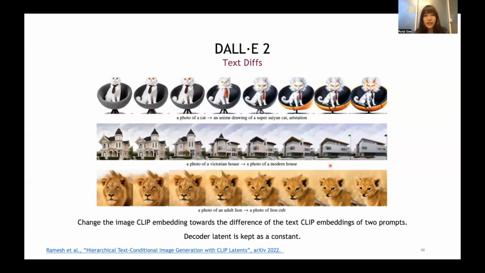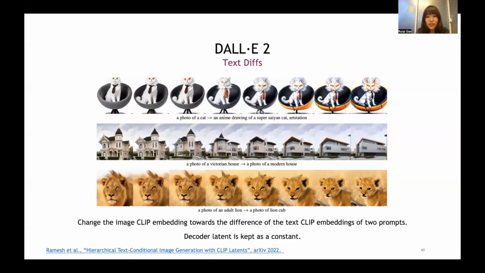And the last task, the most interesting task that they show can be done by DALL-E 2, is this text diff task, which means given an input image and the corresponding description, we would like to edit this image towards a different prompt. And this corresponds to an arithmetic operation in the latent space.